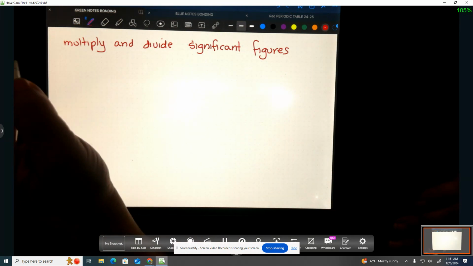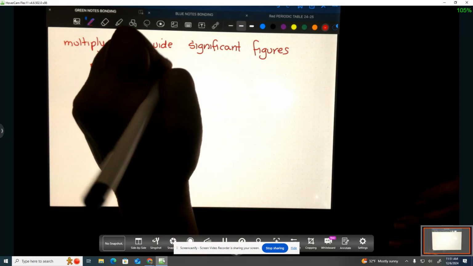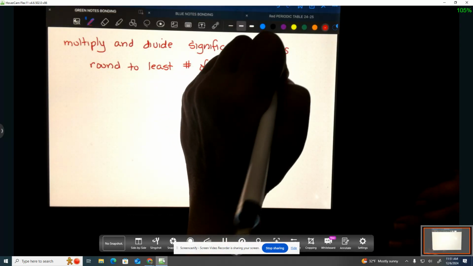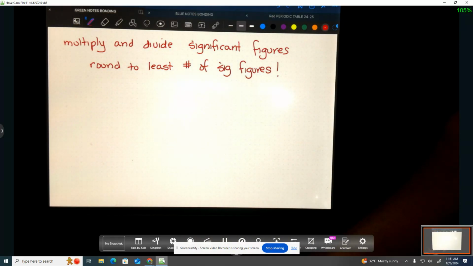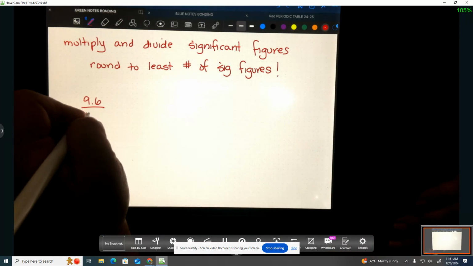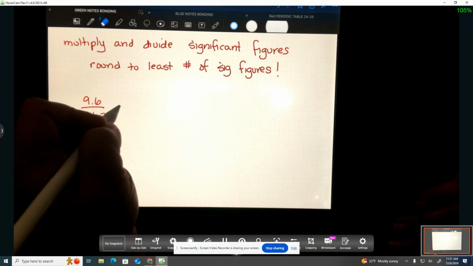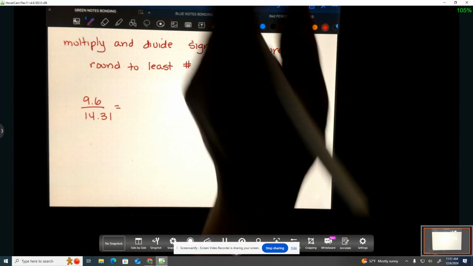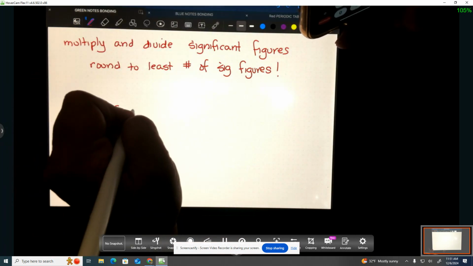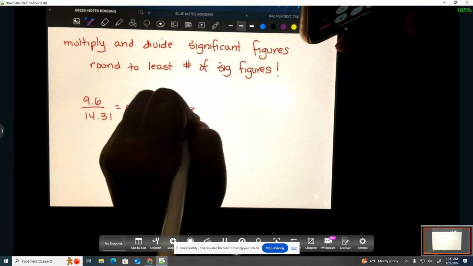When you multiply and divide, you round to the least number of significant figures. So let's do one. 9.6 divided by 14.31. That gives 0.6708595388.